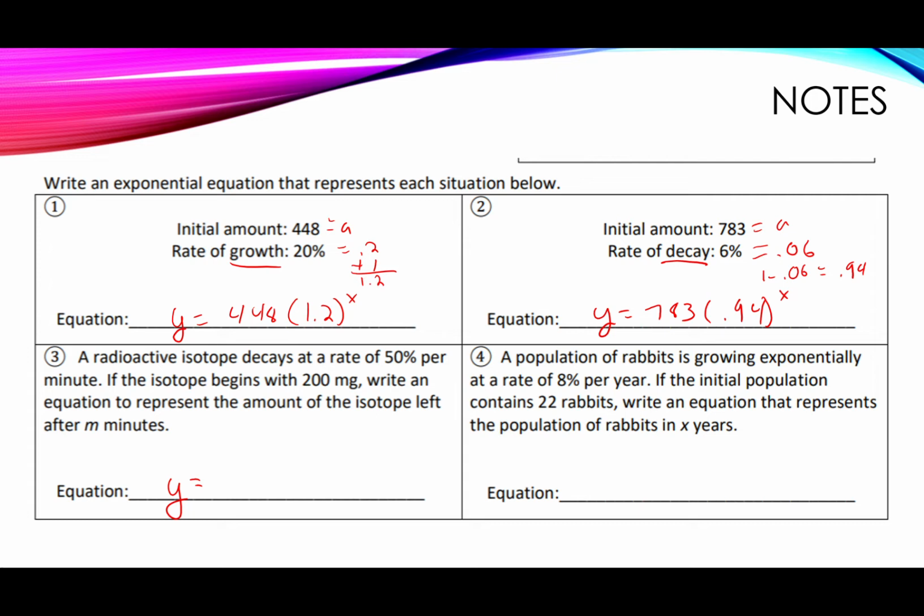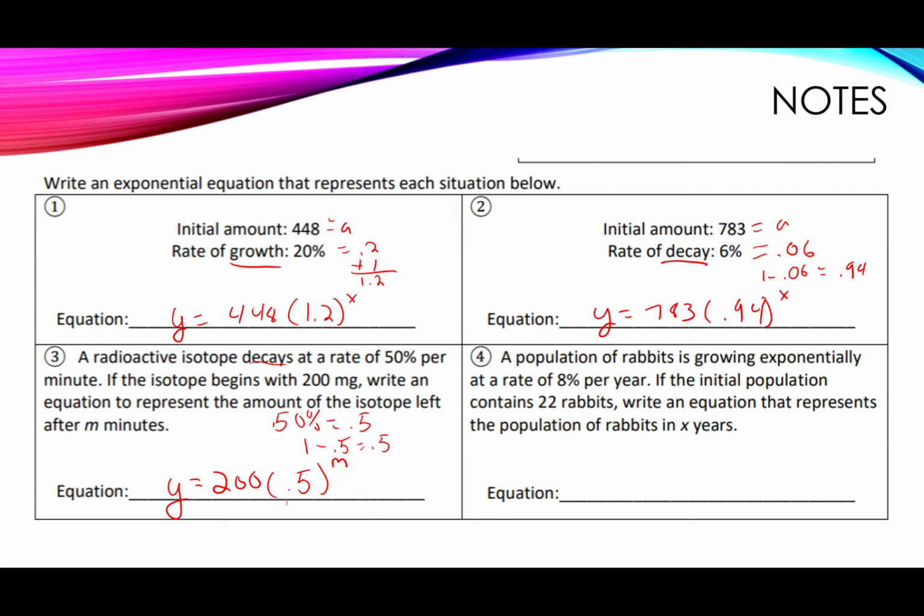Well, hopefully you could say, oh, it began with 200, so that's my initial amount. And it is decaying. So I need to put 50% as 0.5 because that's the rate. And then I'm going to subtract it from 1, which equals 0.5, and in parentheses 0.5 to the m power, because that's minutes.